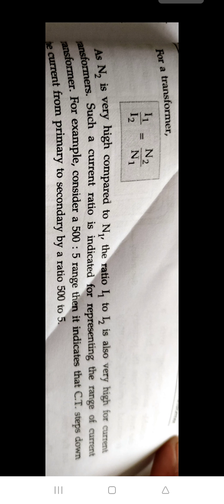So for a transformer, we can say I1 by I2 equals N2 by N1. The current and the number of turns are not directly proportional, they are inversely proportional. I1 is the primary current, I2 is the secondary current, N1 is the number of turns on the primary side, and N2 is the number of turns on the secondary side.